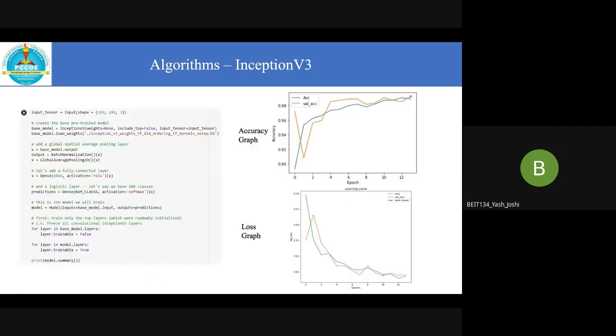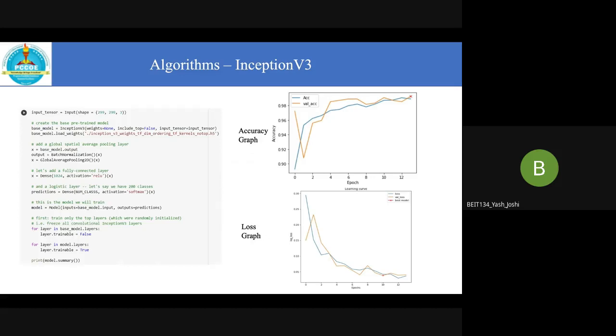So this is the Python implementation. As we are using transfer learning, we are using the weights of Inception V3 trained on ImageNet dataset, and then here we can see we add our own dense layer. By default, Inception V3 outputs into a 1,000 class output, but we require only a two class output.